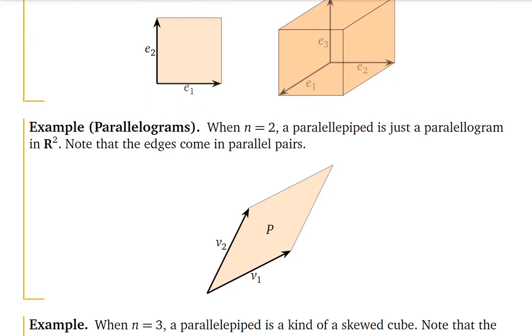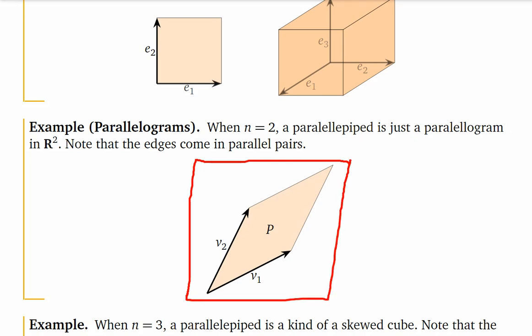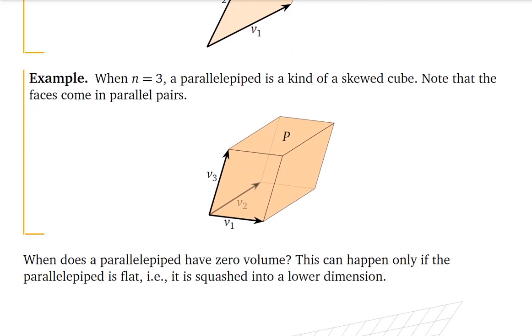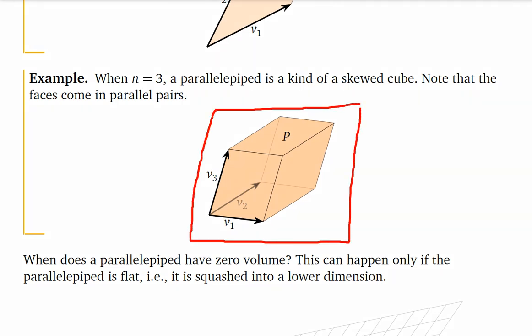And what happens is that the squares will get turned into parallelograms, and when we're talking about a three-dimensional volume, the unit cube gets turned into some type of parallelepiped. Parallelepiped just means that we have parallel faces, three pairs of parallel faces. So we also have three pairs of congruent faces.